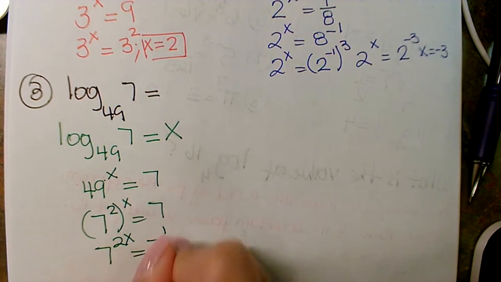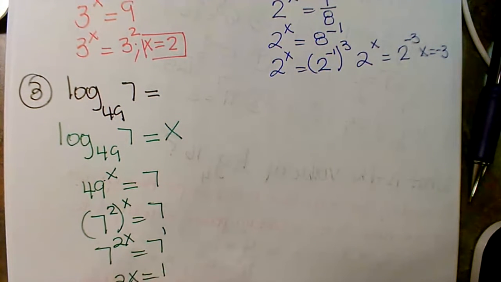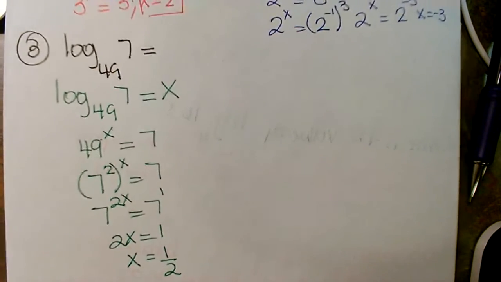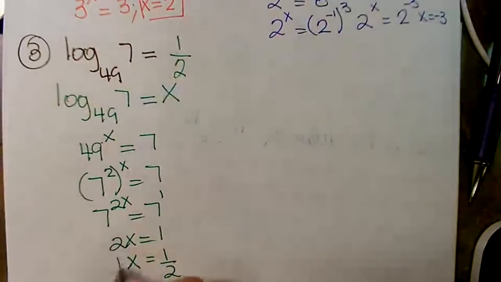Same base. So that's going to be what? 2x is equal to 1. So x is equal to 1/2. So the answer here is 1/2.